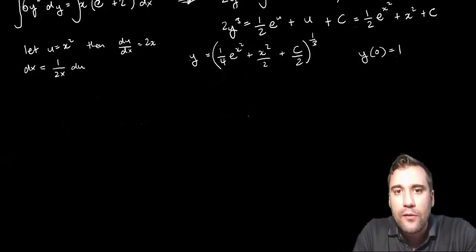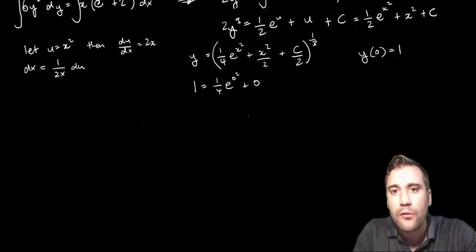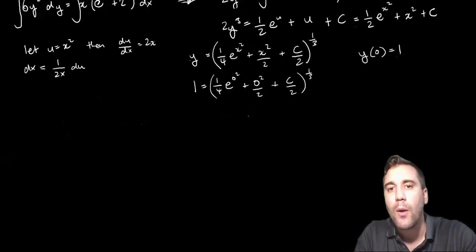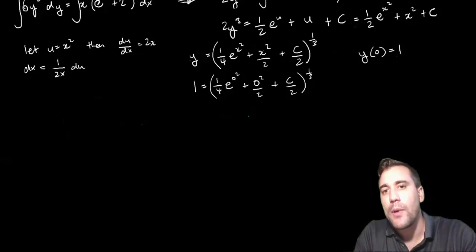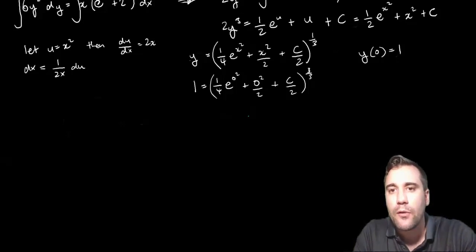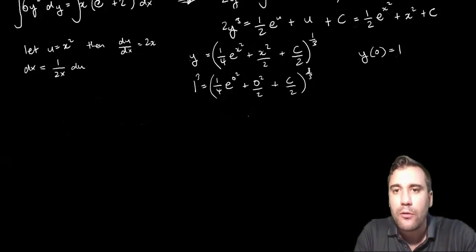So we can say that 1 is equal to 1/4 e to the 0 squared plus 0 squared on 2 plus c on 2, all of that to the 1/3 power. Now we can get rid of the 1/3 power if we cube both sides. So we cube that and we cube this. Now the 3 on 3 exponent is just raising it to the first power, so we can just ignore that.